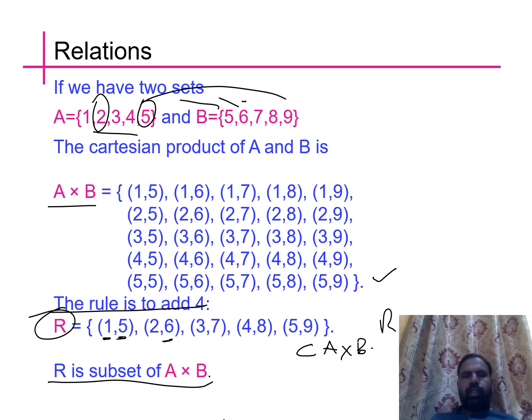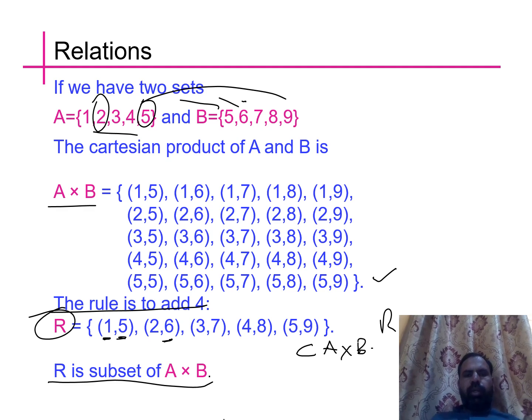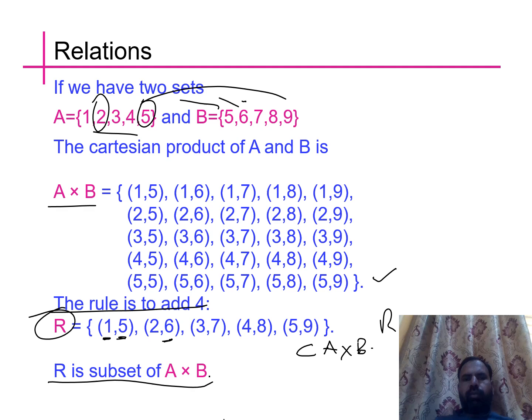And for the second element of A, 2 with each element of B, 2 5, 2 6, 2 7. And similarly for the third element, 3 with each element of B, 3 5, 3 6, 3 7, 3 8.